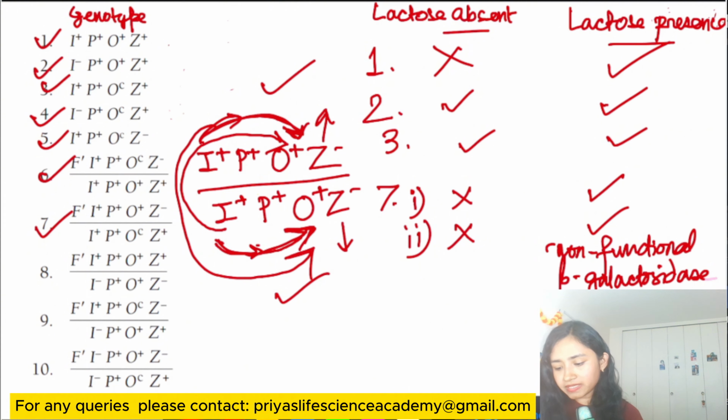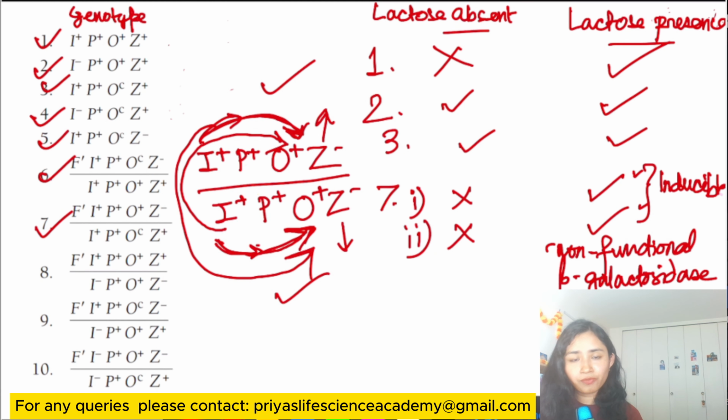And for both of the operons, yes, you guessed right, it is inducible operon, because when you are giving lactose, then only the operons are turned on. So for both of them it is inducible because it needs an induction to turn on.